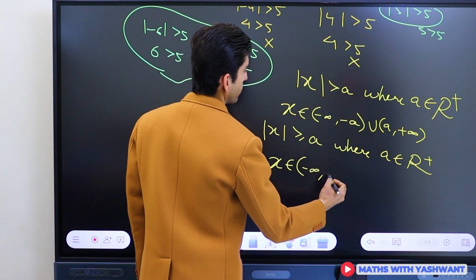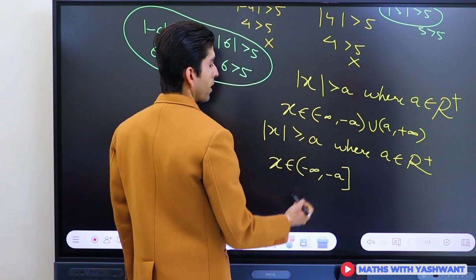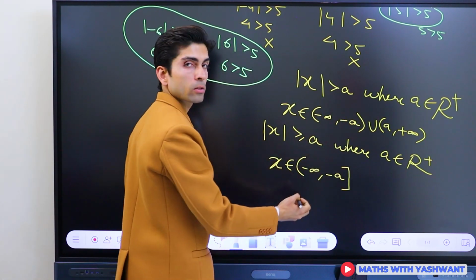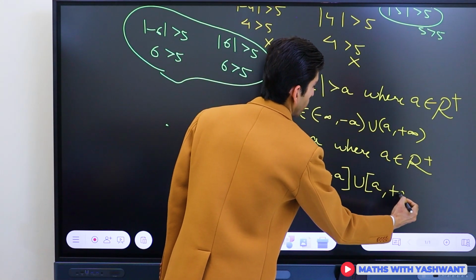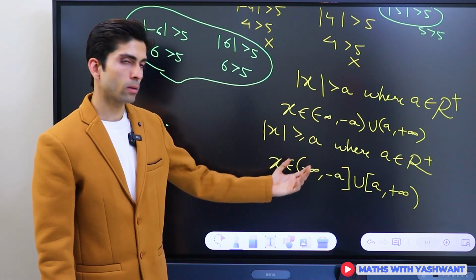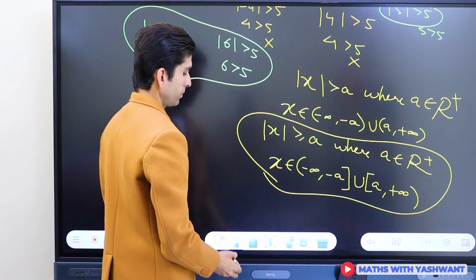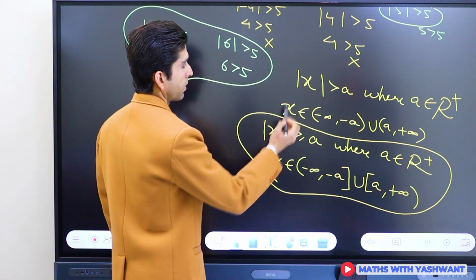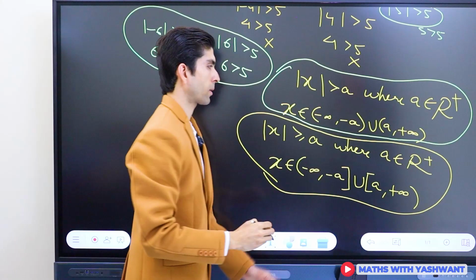So it will be negative infinity to negative a, and for including negative a, we have to use a square bracket instead of the round bracket, union a to positive infinity. So this is the value of x if we have the equality sign, and if you don't have the equality sign, then we have to write the value of x in this way.